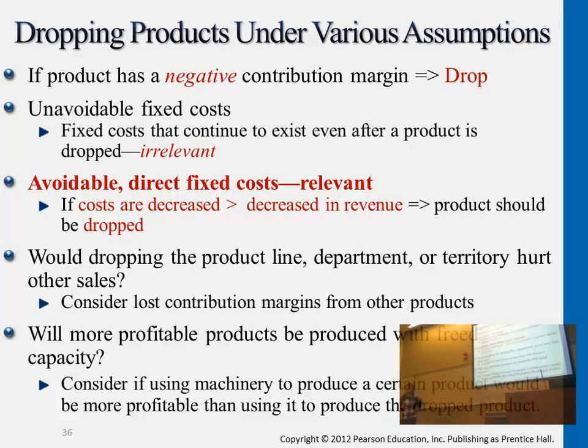And it's relevant to this decision because at the end, we want to know how much cost saving we're making if we drop the product, and how it compares to the revenue that we are giving up. Okay, so if the total cost saving here, variable cost plus the avoidable fixed cost, if we total these up, is a lot more than revenue, then of course the answer will be dropping the product because we can save more.